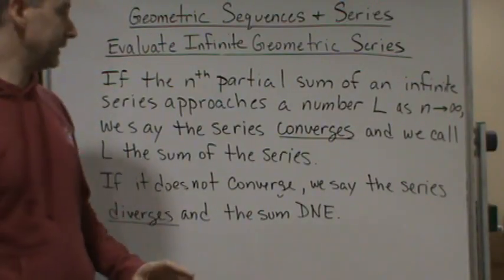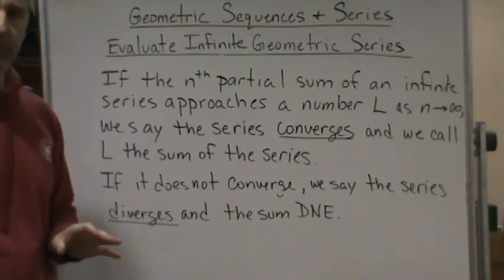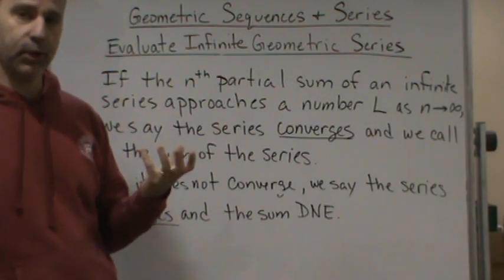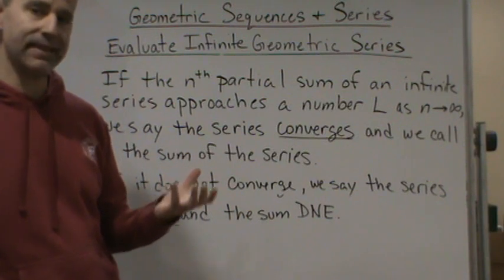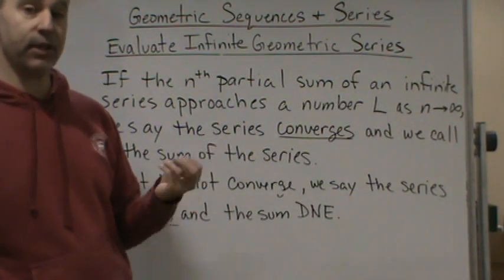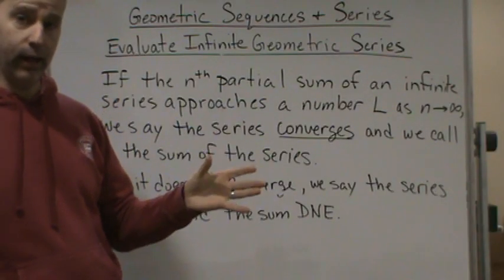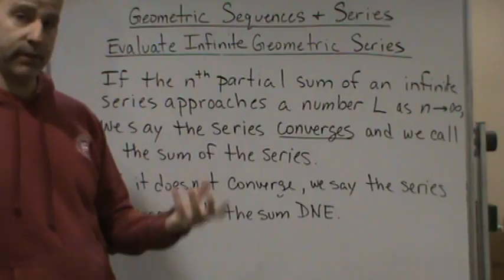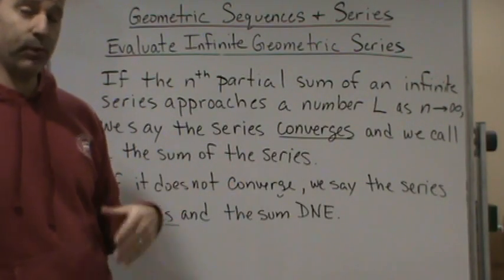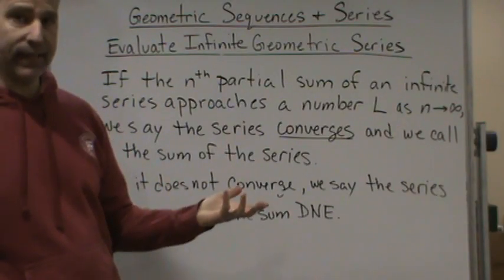So the partial sum will either converge and seem to go towards a particular number as n goes to infinity, and in that case we say this series converges, and the number that it converges to, L, is called the sum of the series. Otherwise, we would say that the series diverges and the sum does not exist.